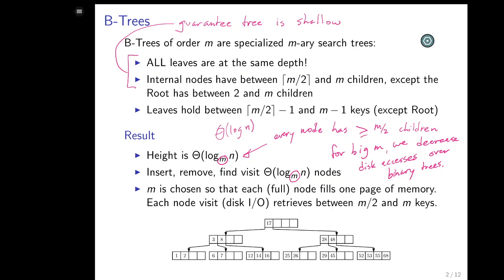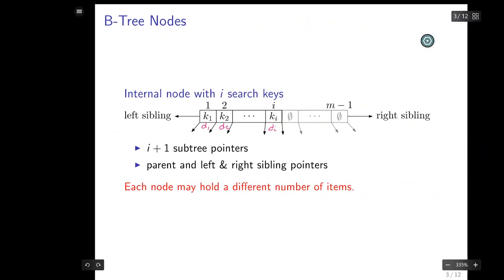And each of the other 2 internal nodes have 3 children. But it could be that one of them had 4 children and the other one had 3 children. Or even one of them had 5 children and the other one had 3 children. It's not the same number for each of the nodes. It's just some amount of them, at least half, are going to be occupied by keys. That's why I wrote this in red. Each node may hold a different number of items.